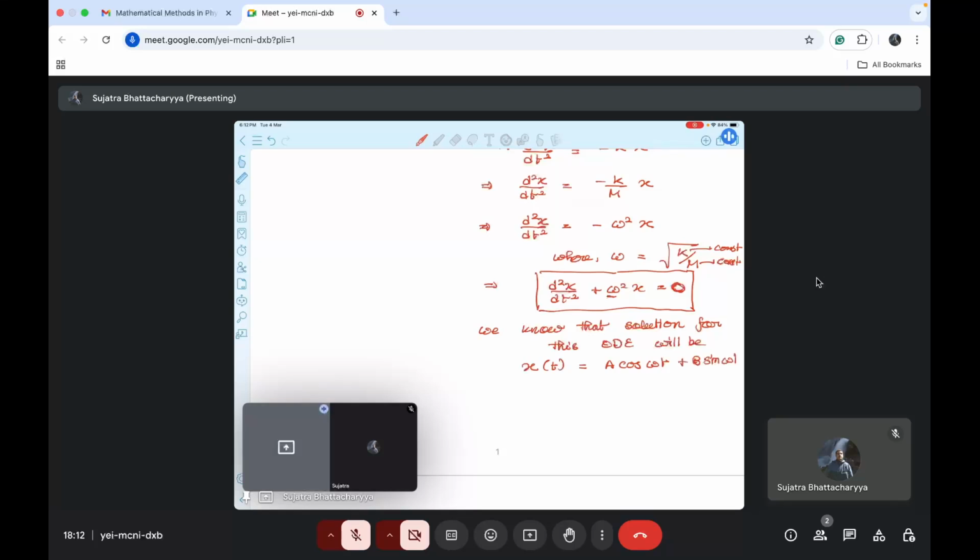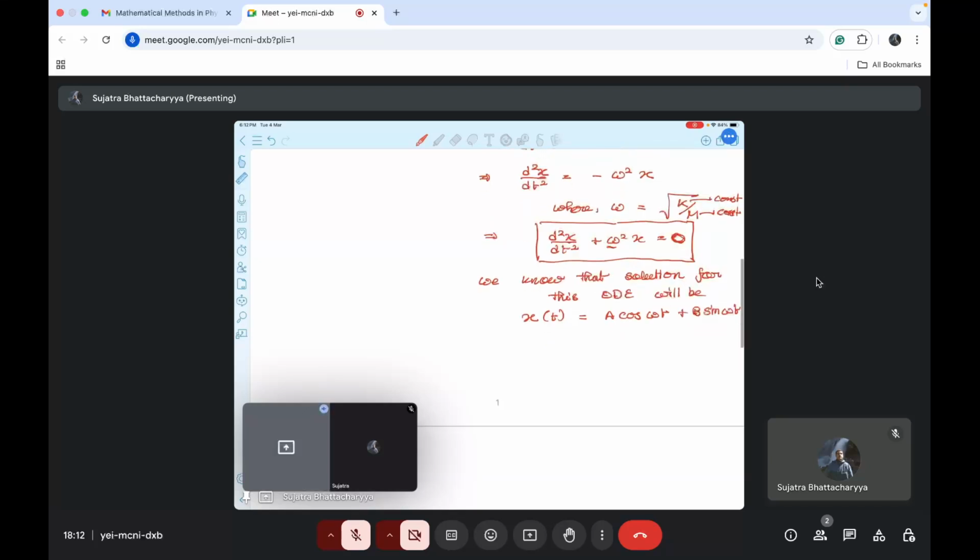If you look at the auxiliary equation, which we have seen in the last class, you will get imaginary roots. And corresponding to imaginary roots, we have seen that we can reduce that to a cos function as well as a sin function. So this is the solution.